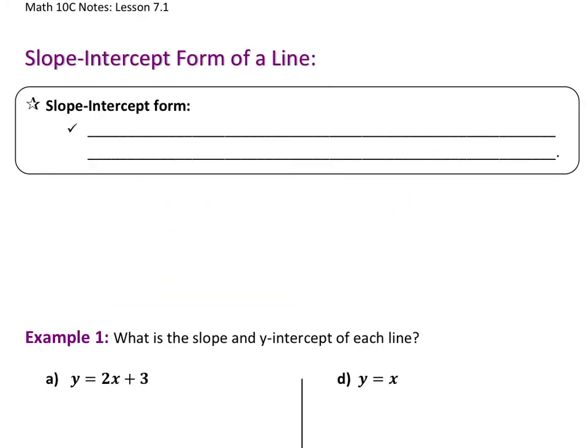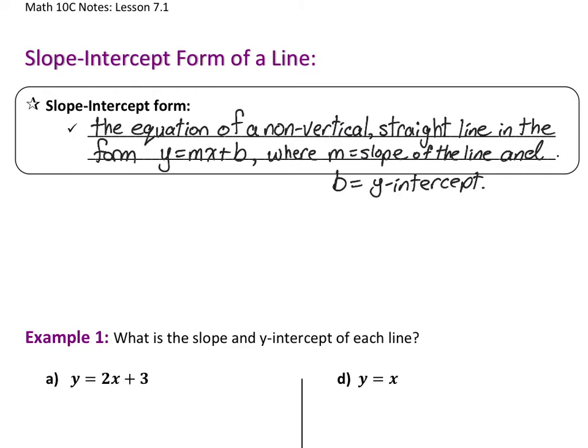All right, so we've talked about all the parts now to set this up, but what is the actual slope-intercept form of a line? The slope-intercept form is the equation of a non-vertical straight line in the form y equals mx plus b, where m is the slope and b is the y-intercept.